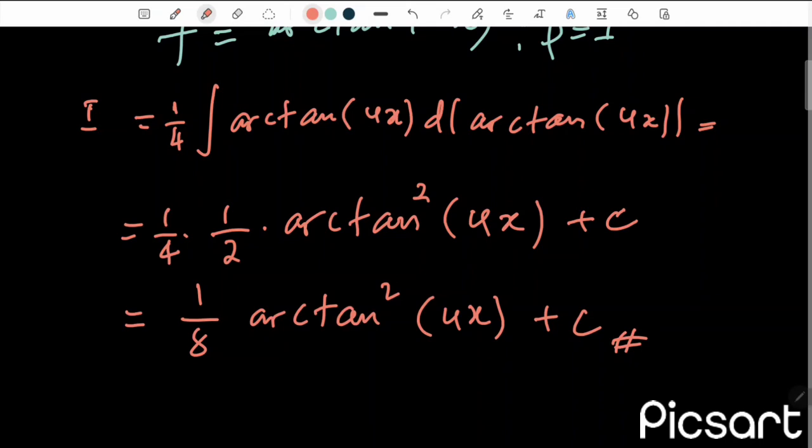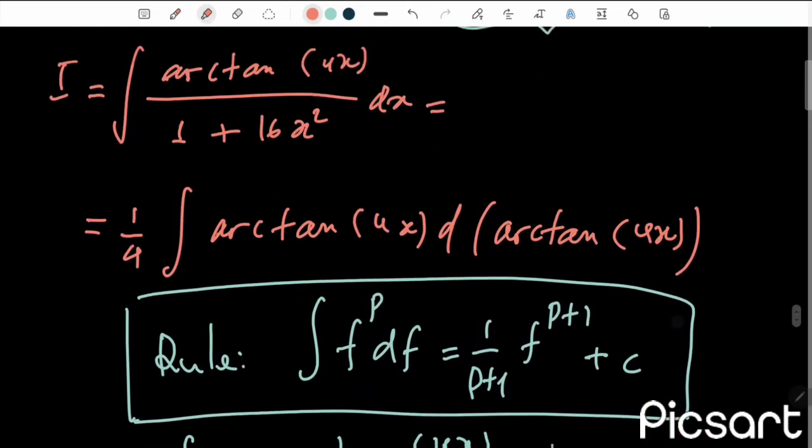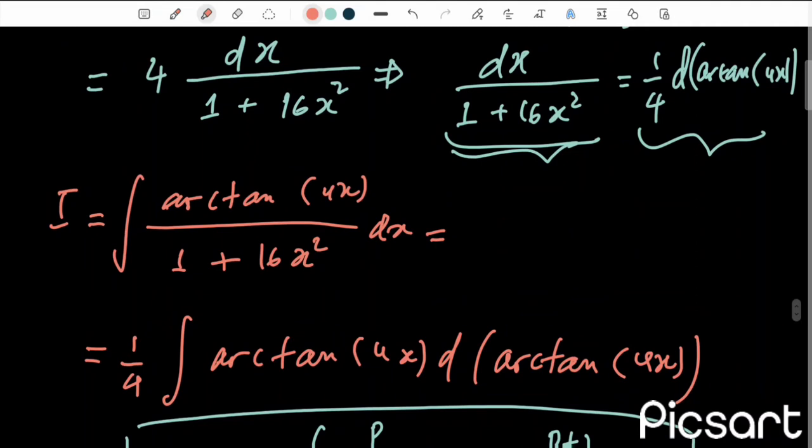Also, if we define this as our f of x, we can take the derivative to show that it will be equal to the original function in our exercise.